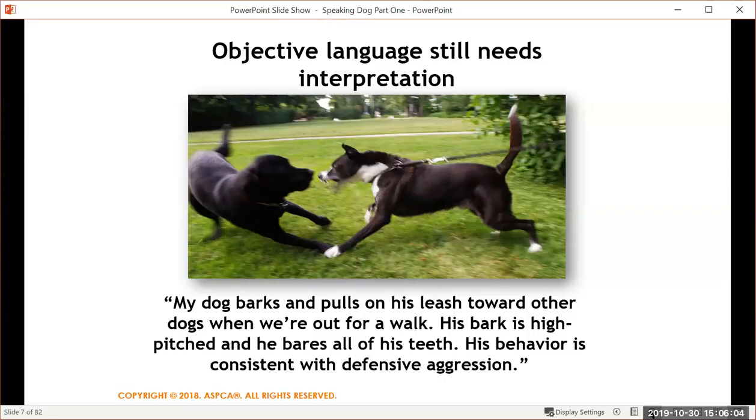So in this case, my dog barks and pulls on his leash towards other dogs when we're out for a walk. His bark is high-pitched and he bares all of his teeth. His behavior is consistent with defensive aggression. So that way, you get both sides of the coin. You get the description of what you see, and then you get an explanation of what you think that means. Next slide, please.